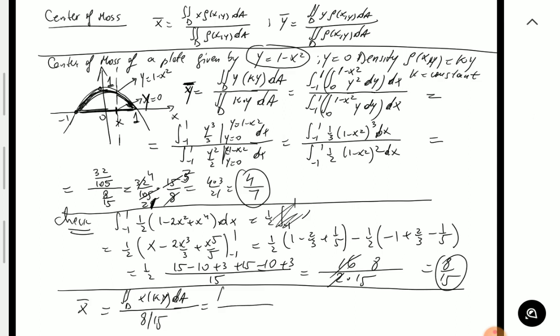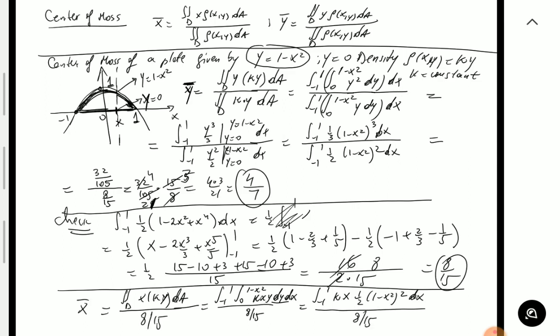So again, the bounds will be the same, from -1 to 1 and from 0 to 1 minus x squared, kxy dy dx over 8 over 15. The innermost integral, I can pull the kx out because it's a constant. The antiderivative is y squared over 2. When you plug in the bounds, that's 1/2 times 1 minus x squared, squared, dx, over 8 over 15.